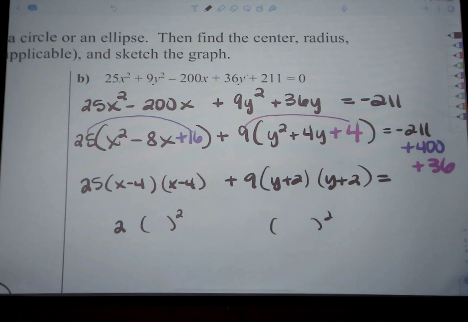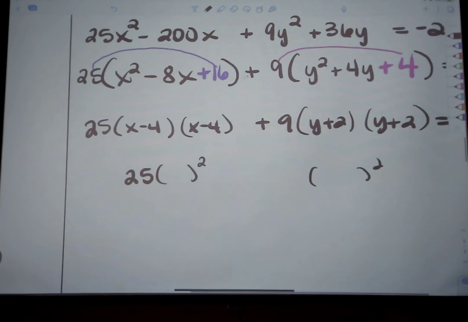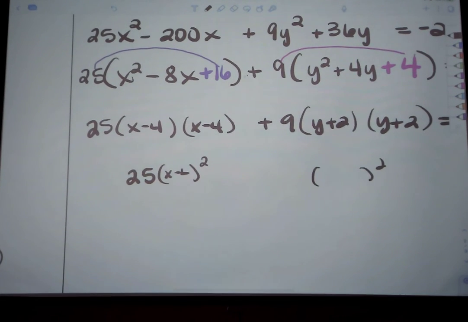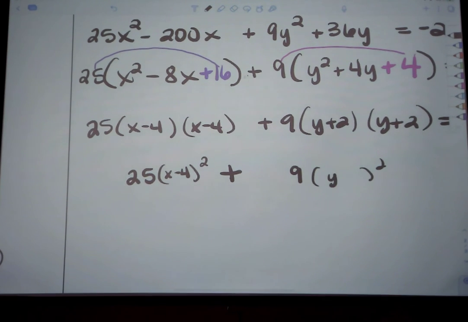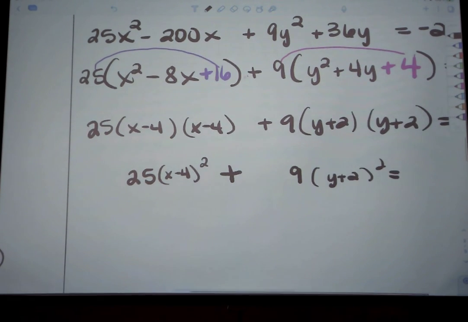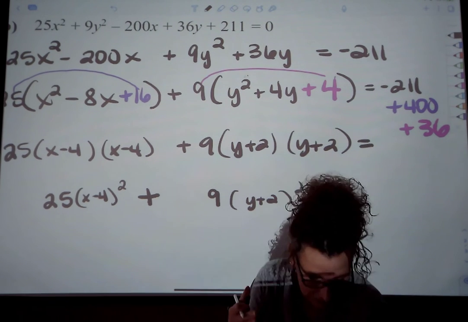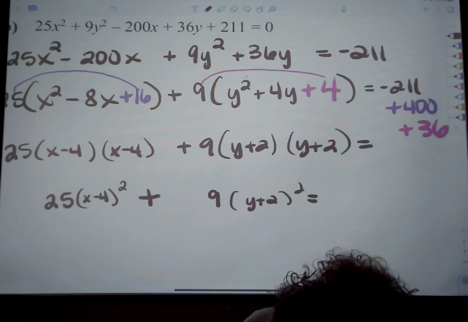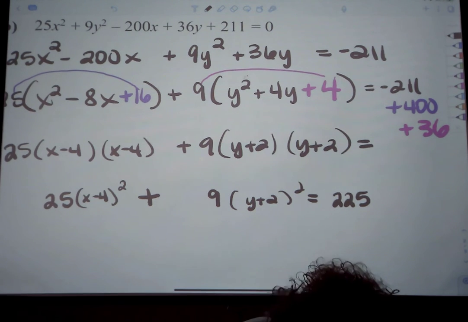So I got 25, and the 9 is still there, and this is y plus 2. And on the right, negative 211 plus 400 plus 36 is 225.